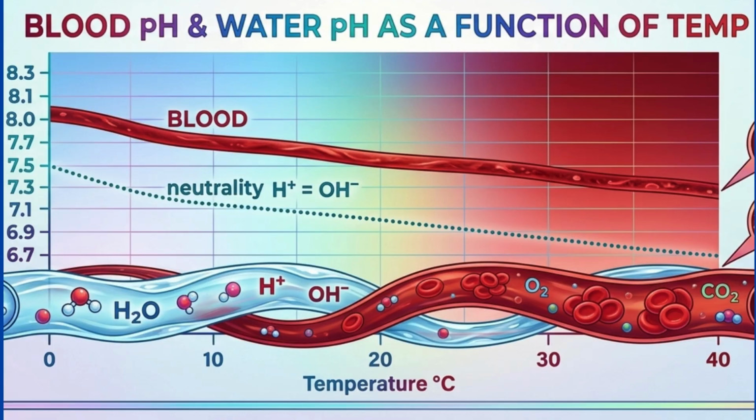Cold blood therefore appears alkalotic. Meanwhile, warmer tissue continues producing carbon dioxide and remains relatively acidic. The important observation is that the blood pH continues to follow the changing neutrality point at each temperature. The body naturally behaves according to the alpha-stat principle.